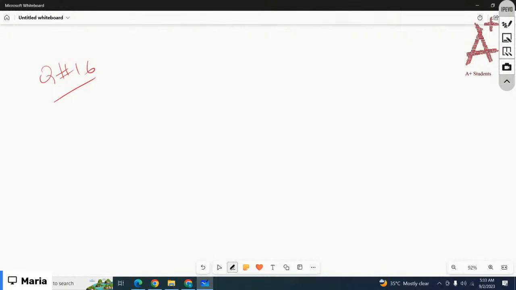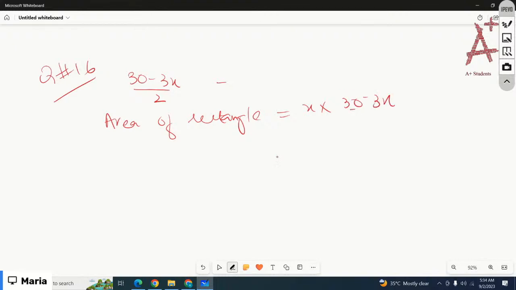So that means the length of each remaining side is 30 minus 3x over 2, right? And the area of the rectangle is x times 30 minus 3x over 2, right?